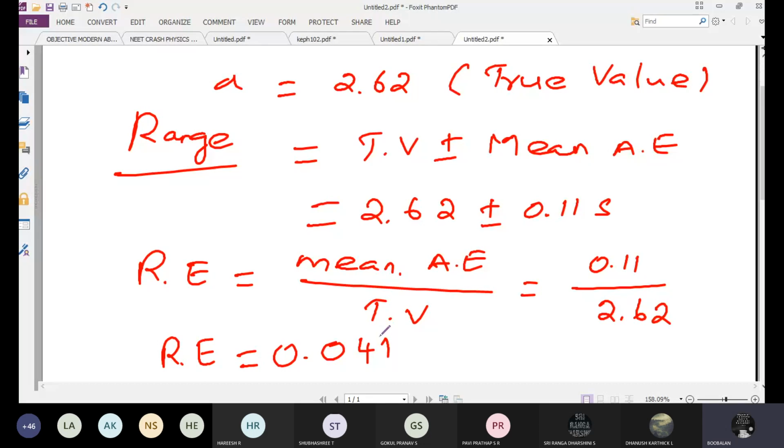Next, the percentage error. Relative error into 100, that is the percentage error.